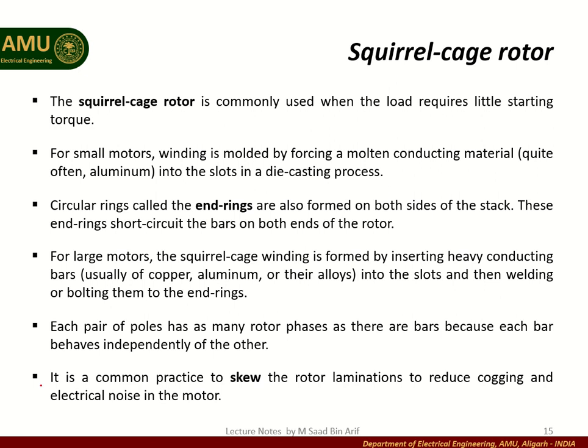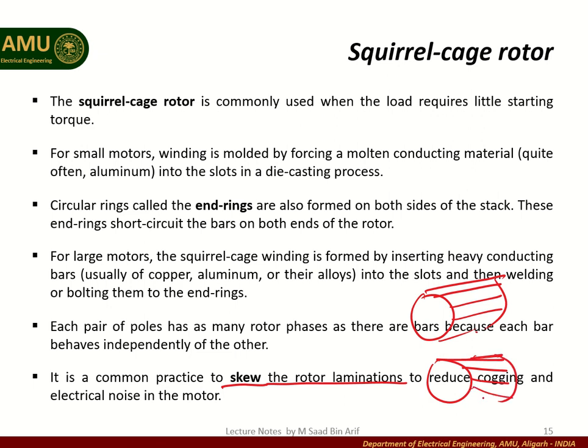It is common practice to skew the rotor laminations in order to reduce the cogging and electrical noise in the motor. What is this skewing process? It is basically twisting of the conductors. That is, the conductors are not exactly parallel, but are a little bit twisted, like this.